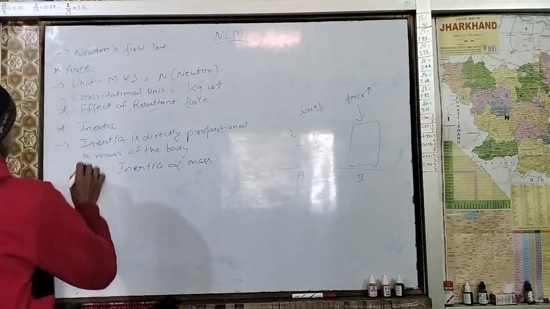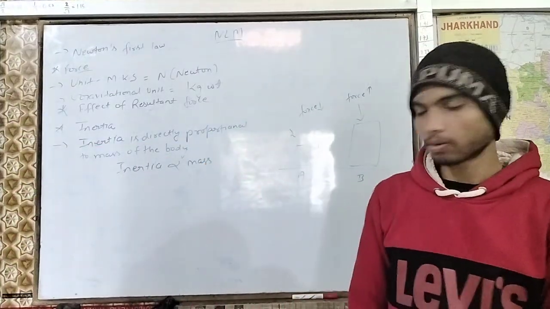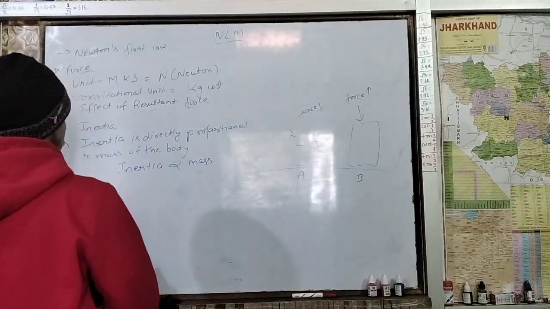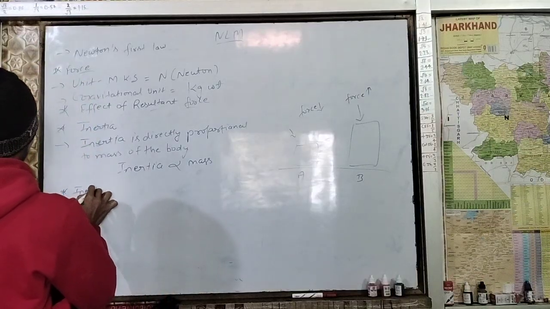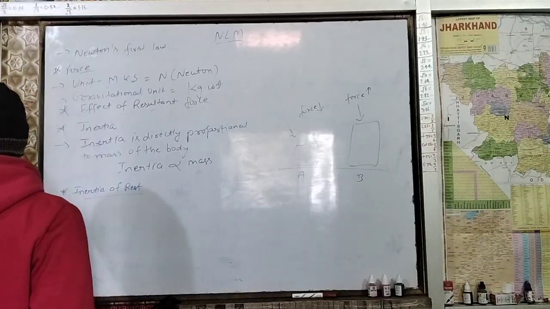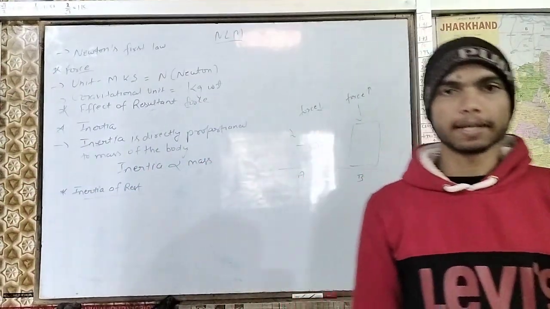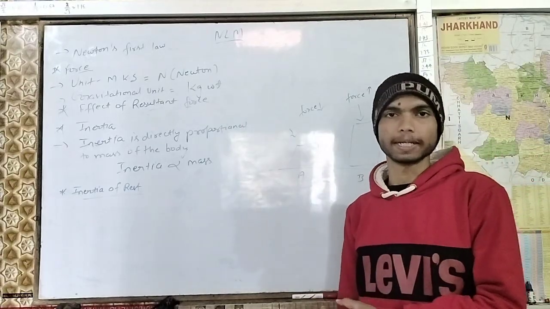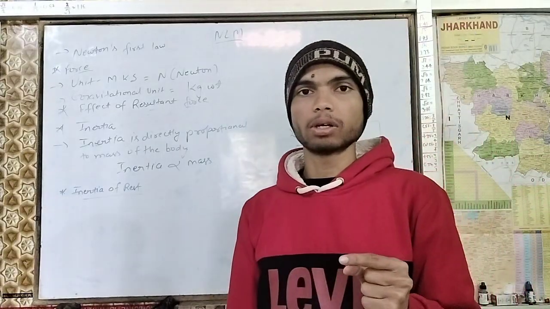Next, as I told you, there are three parts of inertia. First, we are starting with inertia of rest. What is it saying? The object is already at rest.